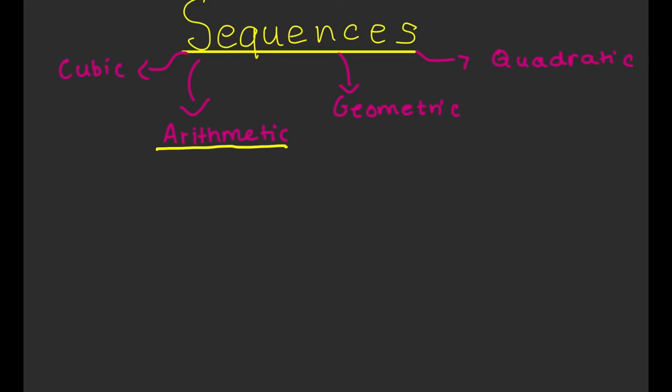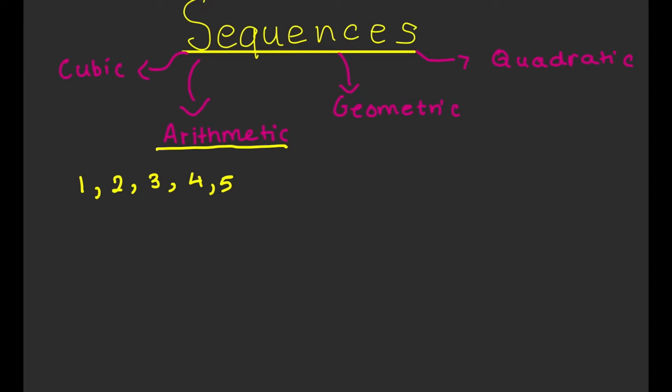Now, you may be confused or not familiar with what arithmetic sequences are. However, an arithmetic sequence is a sequence of numbers in which the difference between each consecutive term is constant. So for instance, let's look at a clear example. We have 1, 2, 3, 4, and 5.